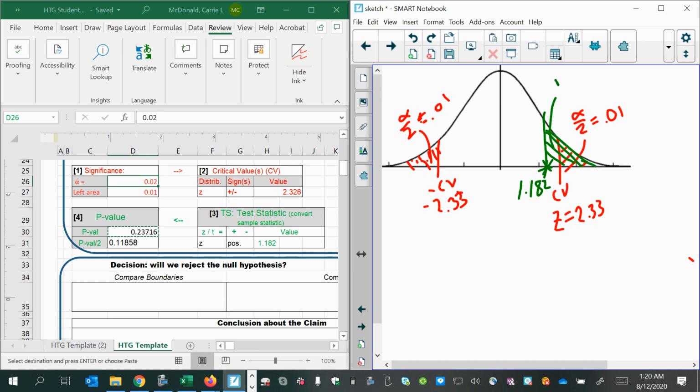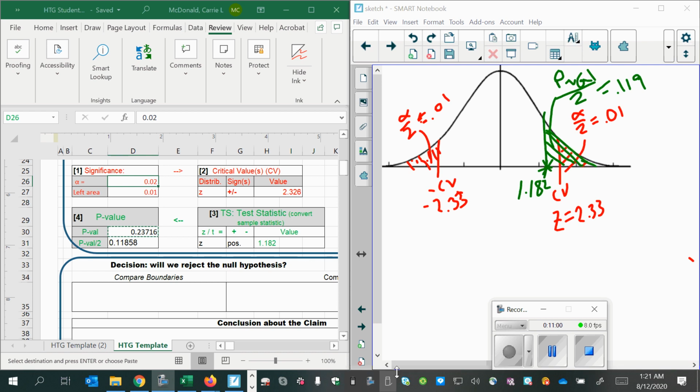Also, our p-value on this side is half, and that was 0.119 when you round it. That's the half right area. And so if you double that, you get the total area. And you don't have to show both sides because there really is only one test statistic, but you can think of it as if it were on both sides.